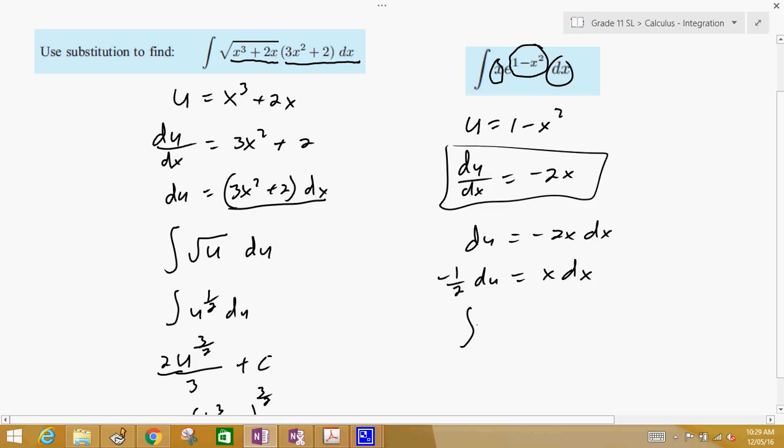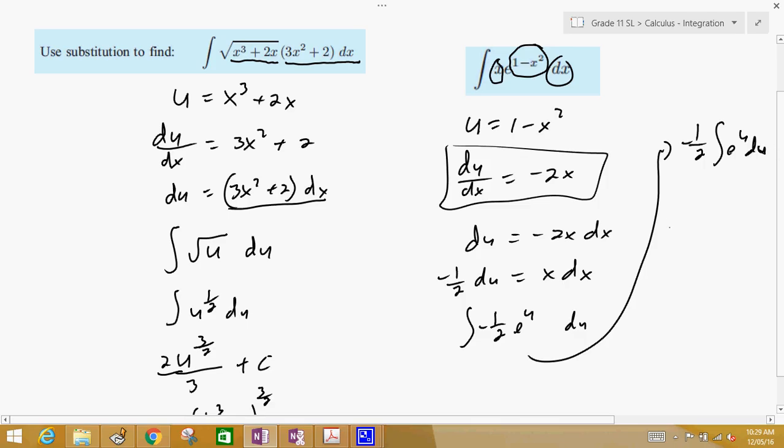So this integral changes into, well, x dx is negative 1/2 du, and e to the power 1 minus x squared is e to the power u. If I continue on, I can take out the negative 1/2, so it becomes e to the u du.